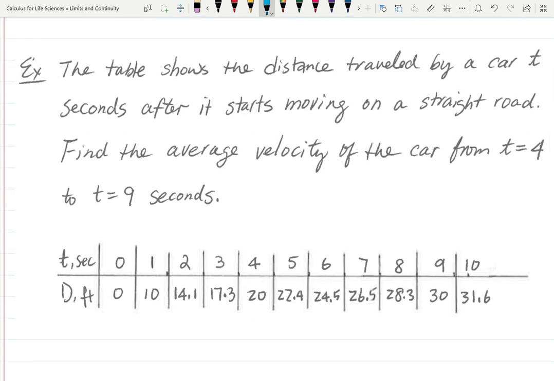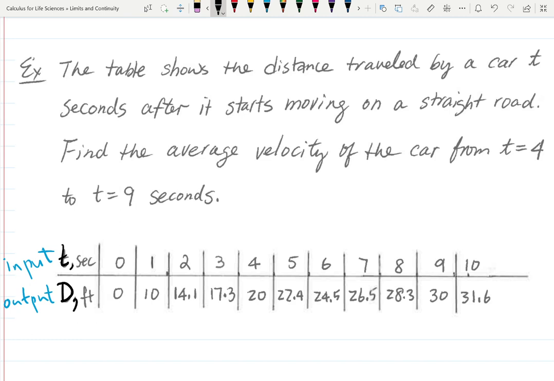This on the left is my input, which we usually call x, but in this case it's time t. This is my output, which we usually call f of x, but now it's d of t because it's distance. That is d. D in feet and t in seconds. So the car was traveling.